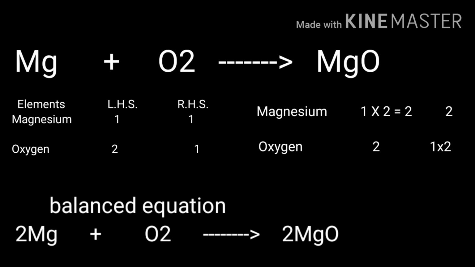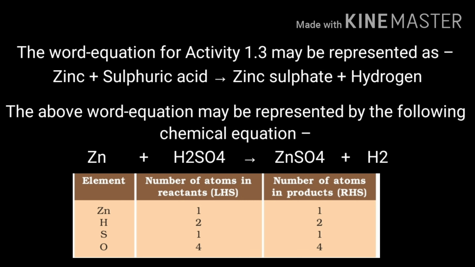But you can see by doing this we have disturbed the number of magnesium atoms. So what we need to do, multiply by 2 on both sides. Now the equation will be 2Mg plus O2 equals 2MgO. Now this equation is balanced as the number of atoms on both sides are equal now.